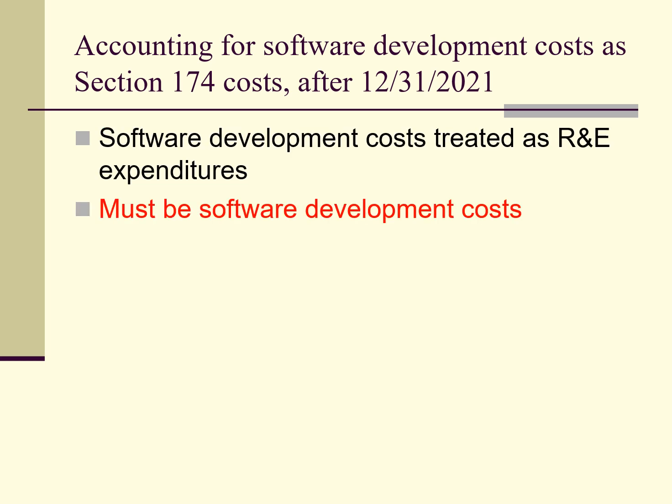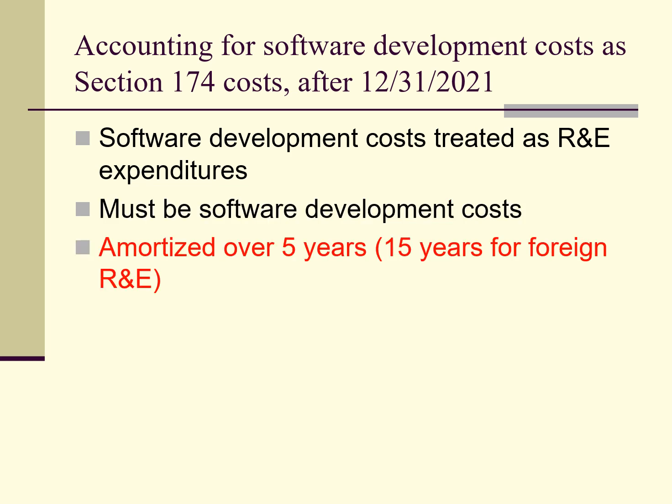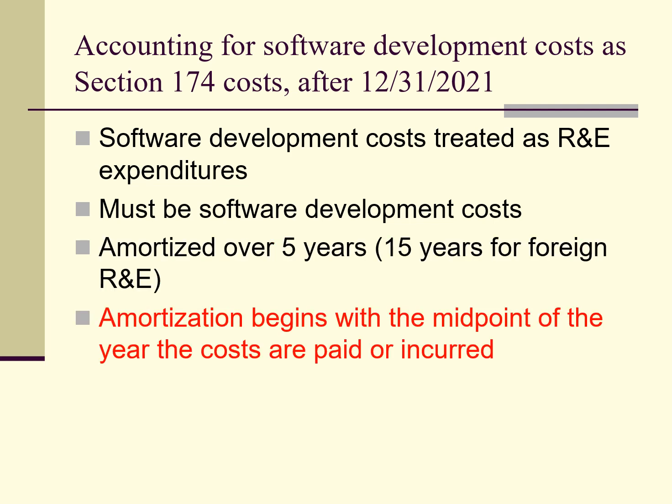The only requirement for treatment as R&E expenditures appears to be that the costs are for software development. Modification of software, for example, may not qualify. Such costs are capitalized and amortized over 5 years, 15 years for foreign R&E. Amortization begins with the midpoint of the year in which the costs are paid or incurred.